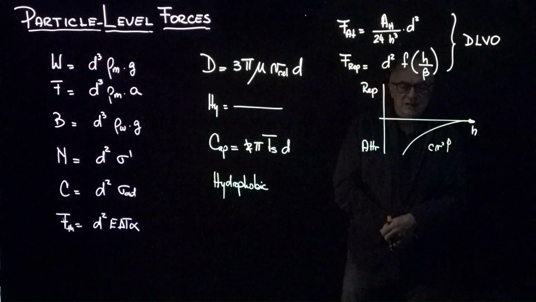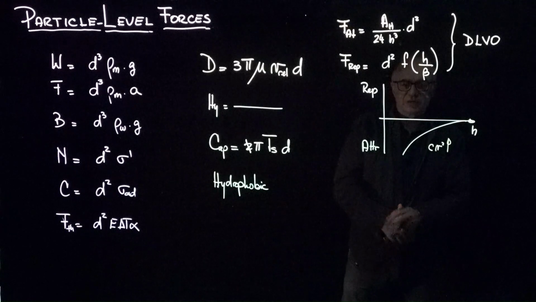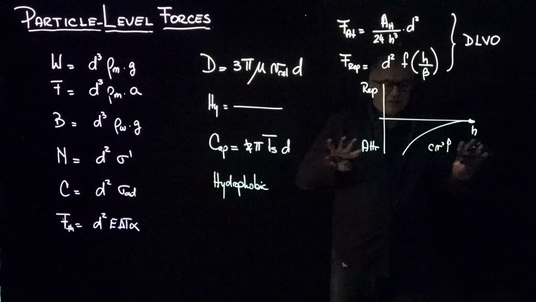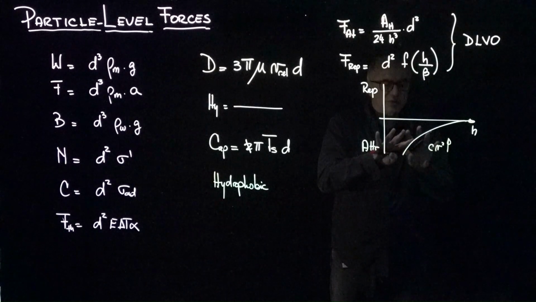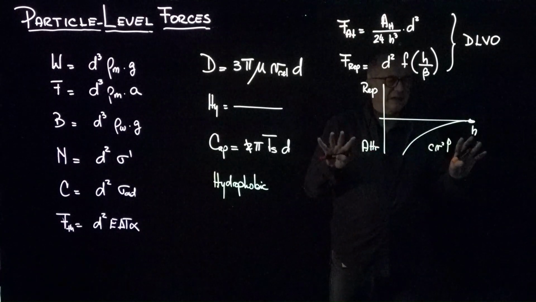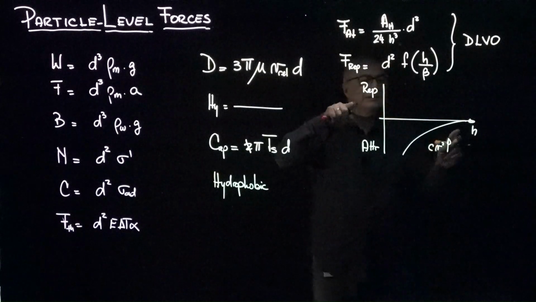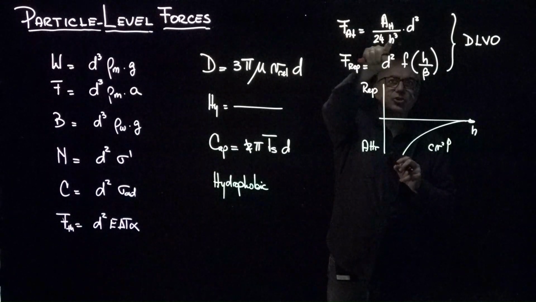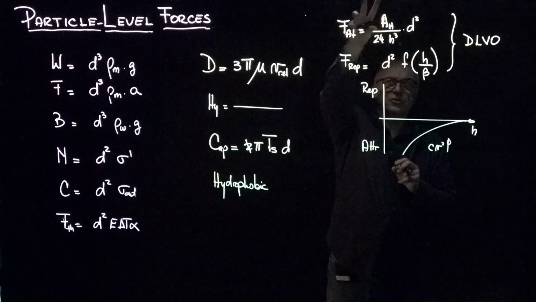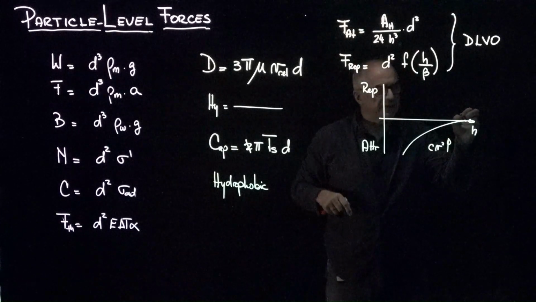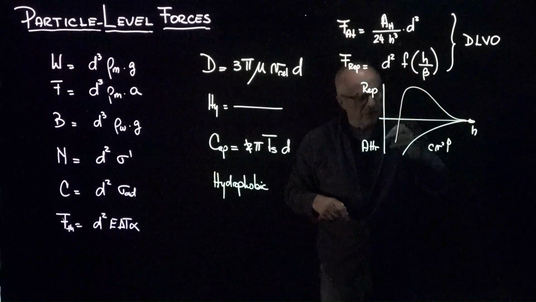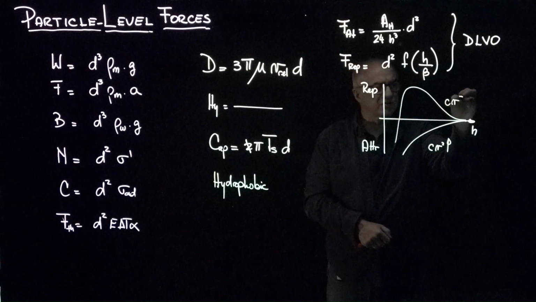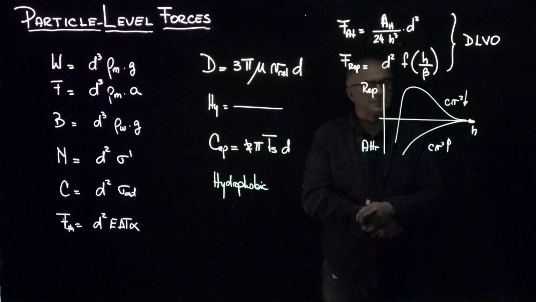Conversely, if the concentration and valence are low, the thickness of the double layers are wide, there is lots of interaction between the electrostatic potentials and repulsion prevails. That is true until the particles come sufficiently close that this h cube in the denominator takes over and attraction prevails. And so this is the trend for what we have just described. This is when the ionic strength, concentration times valence square, is low.